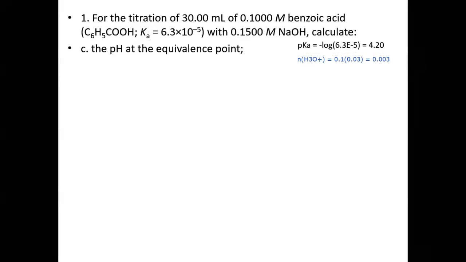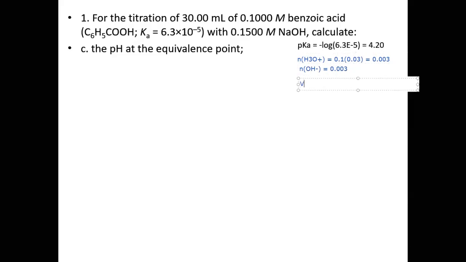And so if we're at the equivalence point, the moles of acid equal the moles of base. So the moles of base are also 0.003, but we need to find out what volume of hydroxide was used to get 0.003 moles.